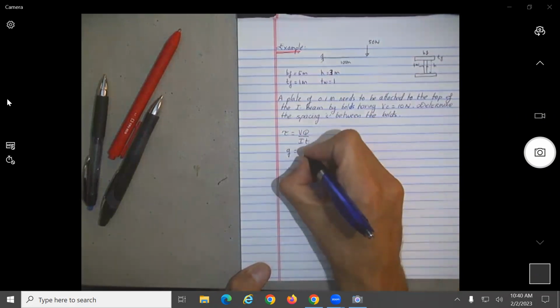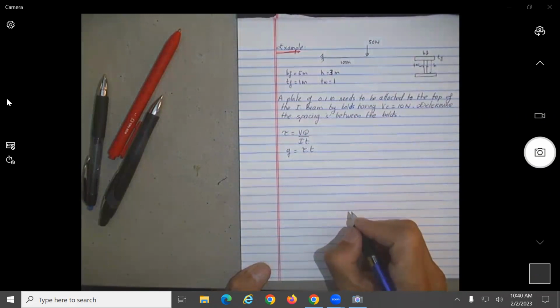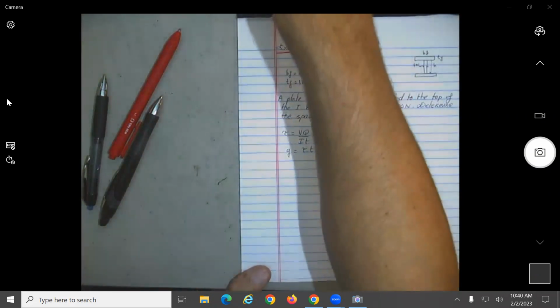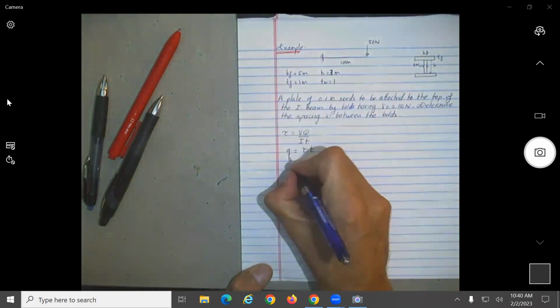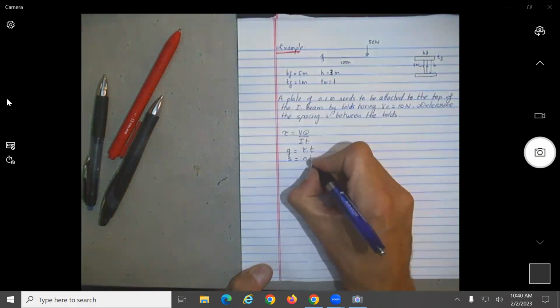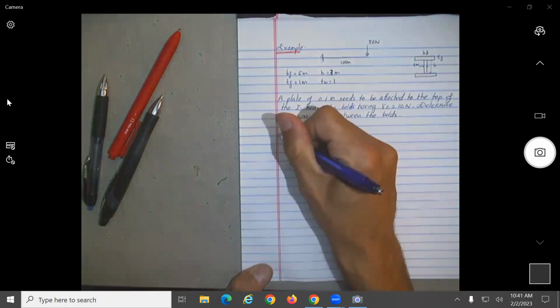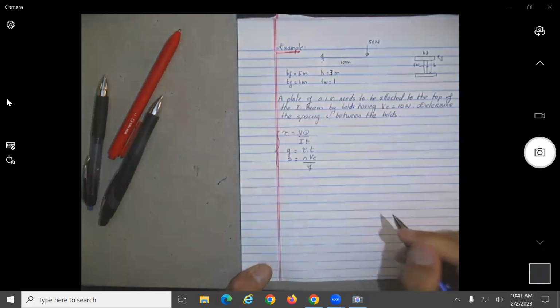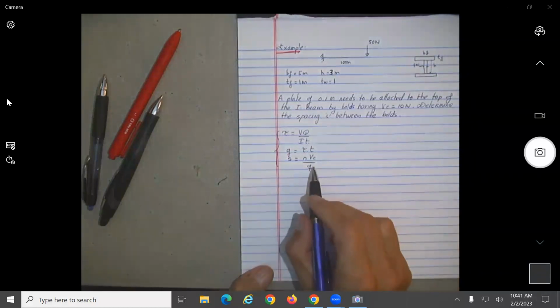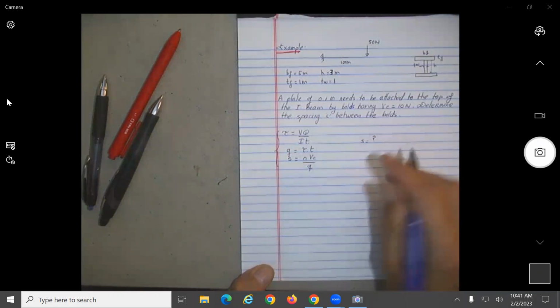Q equals tau times T. And the other one we just derived, the spacing, is equal to N BC over Q, no? So they are the equations. In this case, we're trying to solve for S, so let's see what we need.